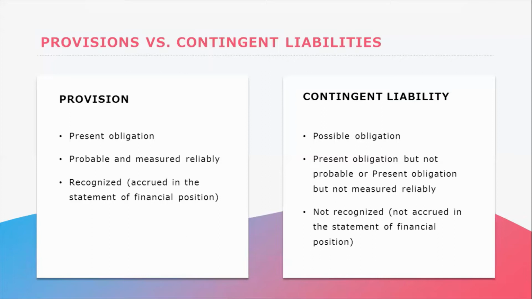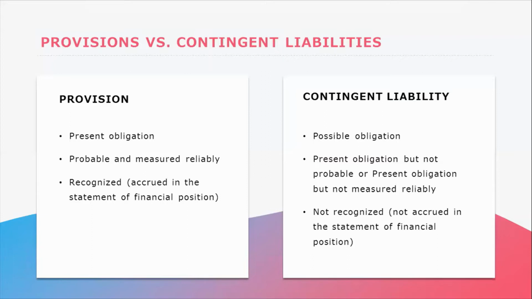And then, for a provision, like a liability, it should be probable that there is an outflow of economic resources, an asset or property will really go out because you will settle the obligation, and measured reliably.